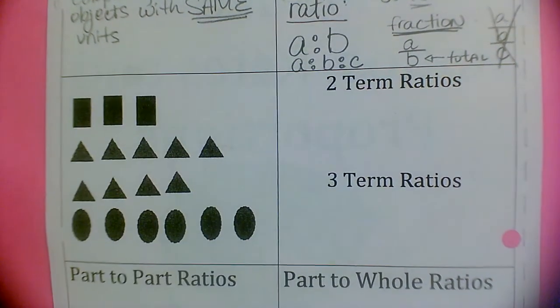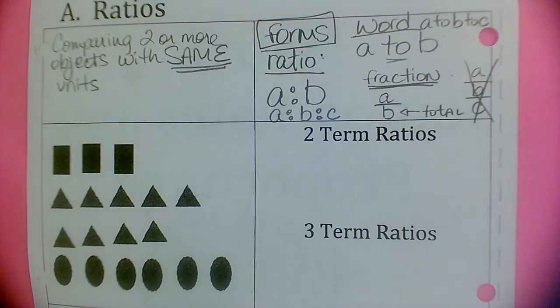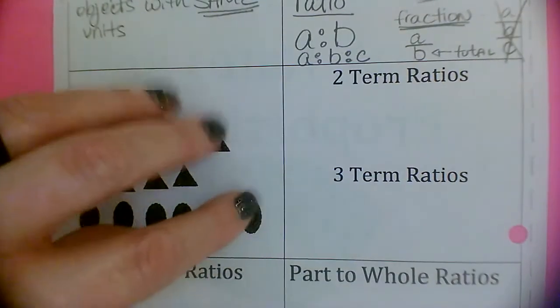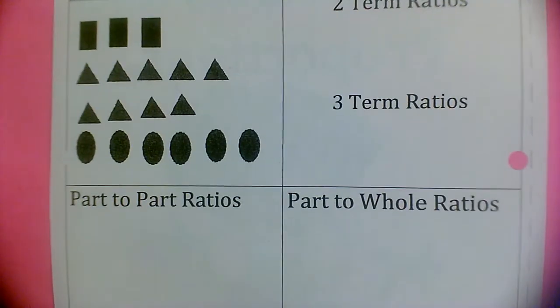Before we do that example, just one second. Give you a moment to copy that. I'm going to go down and do part to part and part to whole before we do the example in the middle. Are we good there? So this is my example. This is a bunch of rectangles and triangles and ovals and things like that.